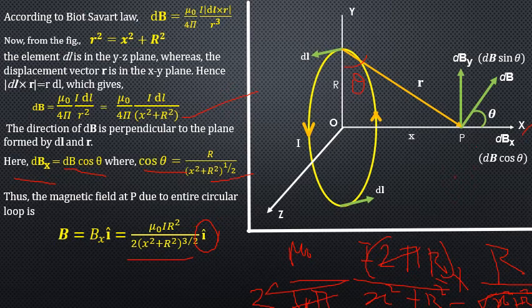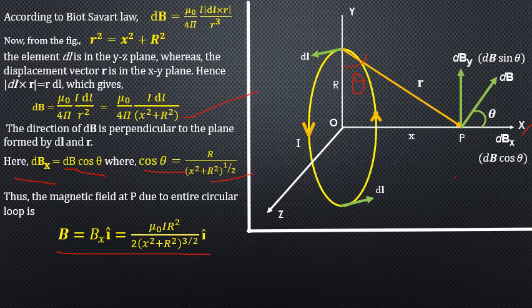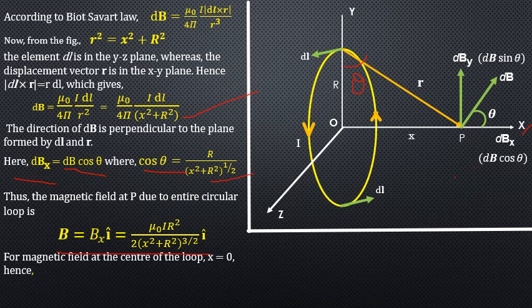So this is how we have determined the net magnetic field at point P on the axis of a circular current carrying loop. This is the final expression for magnetic field at point P due to this whole circular current carrying loop. And we take a special case for magnetic field at the center of the loop.